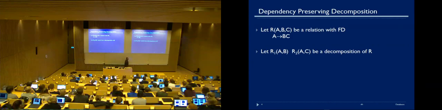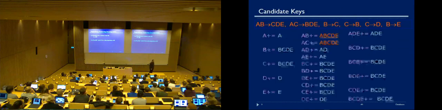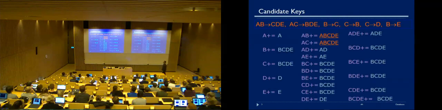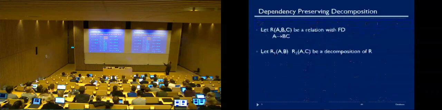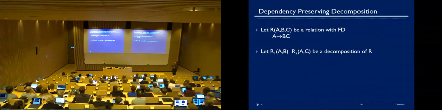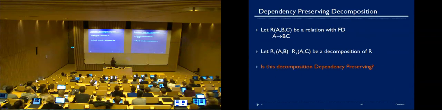But computing a closure of a set of dependencies is even more troublesome than doing it for a set of attributes. With a set of attributes, I just list a set on the one side, another set on the other, and I'm done. With sets of dependencies, we would have to list everything possible that is redundant, and it may take too long. So another thing we can do is to check that we are not missing anything.